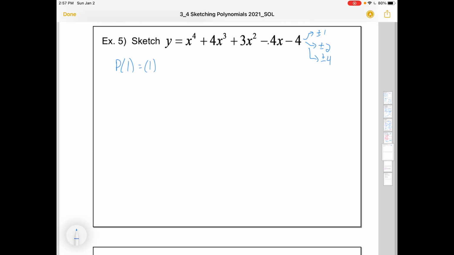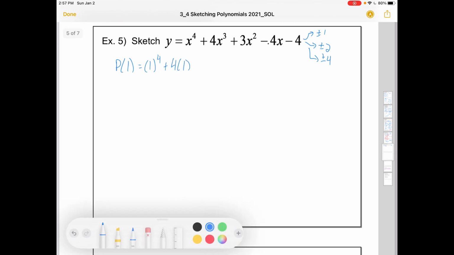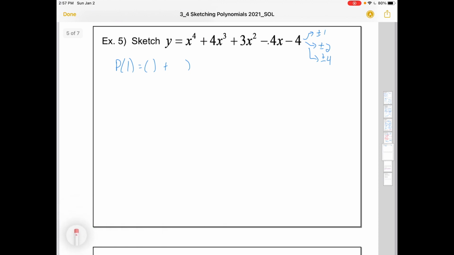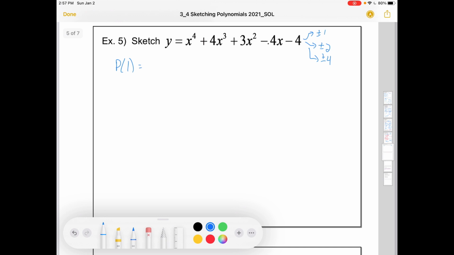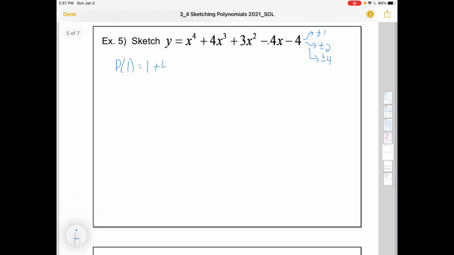When it's 1 that you're subbing in, you're just adding the coefficients. So it'll be 1 plus 4 plus 3 minus 4 minus 4. Oh my gosh, that's 0. We found a factor. X minus 1 is a factor. Yay!